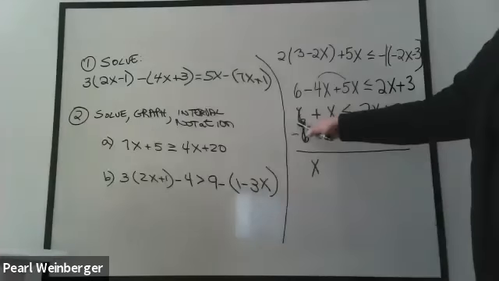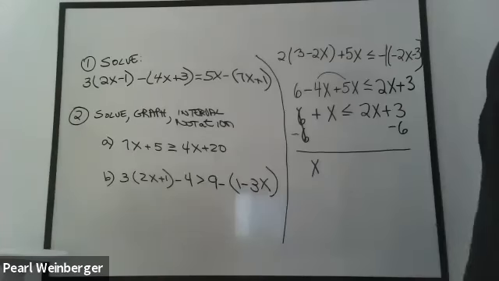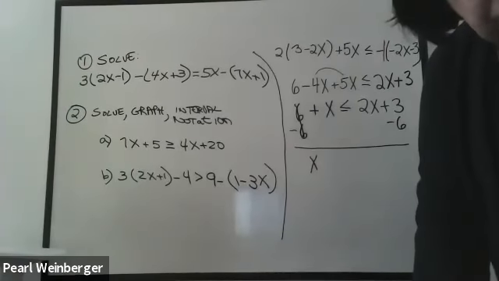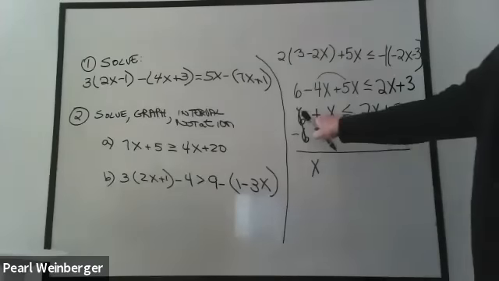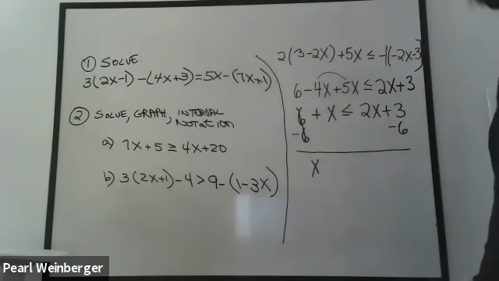But 6 is not, so I just bring the 6 down. And I have to add a -4 plus a 5. How much is -4 plus 5? Just x. That became 6 plus x, and this just stayed the same, right?